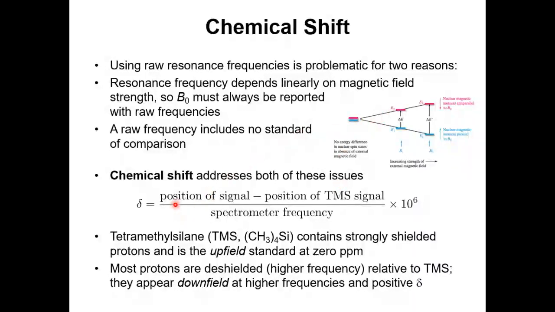Okay. So the chemical shift is represented using the Greek letter delta. It's defined as the position of the signal, where position means the resonance frequency of a particular proton, or later carbon-13, same thing, just the resonance frequency of a particular nucleus, minus the resonance frequency of a reference compound. This reference compound is TMS, tetramethylsilane.